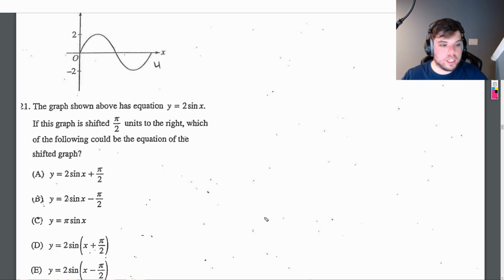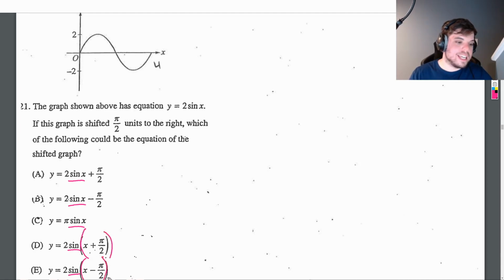That usually occurs inside the interesting part. In this case, the interesting part of our problem is the sine piece. So horizontal and/or vertical displacements occur inside the interesting parts. It's almost always true.